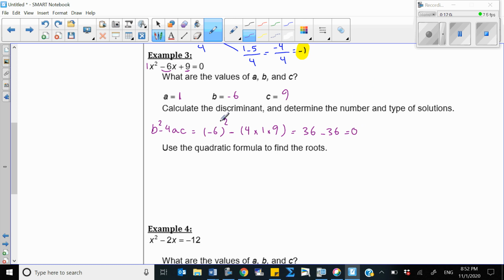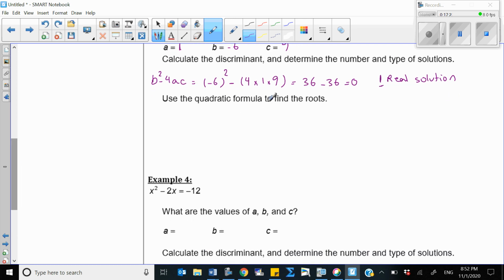And we said that if our discriminant is equal to 0, that means we are going to have only one real solution. Now let's find that solution. Once again, I need to use my quadratic formula. Here's our formula. Let's start with negative b.